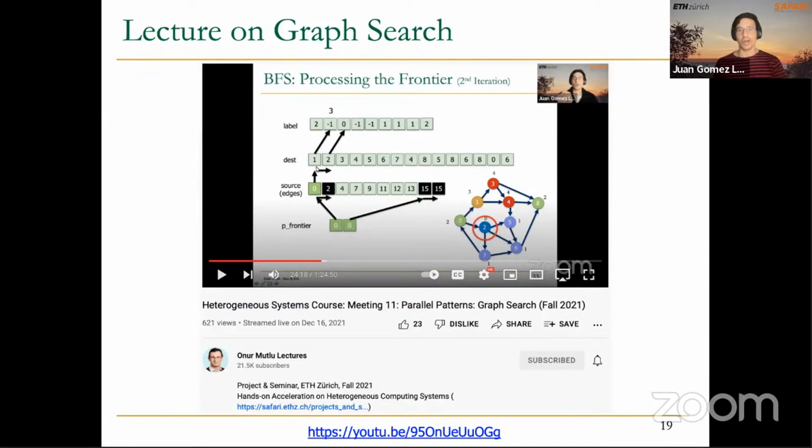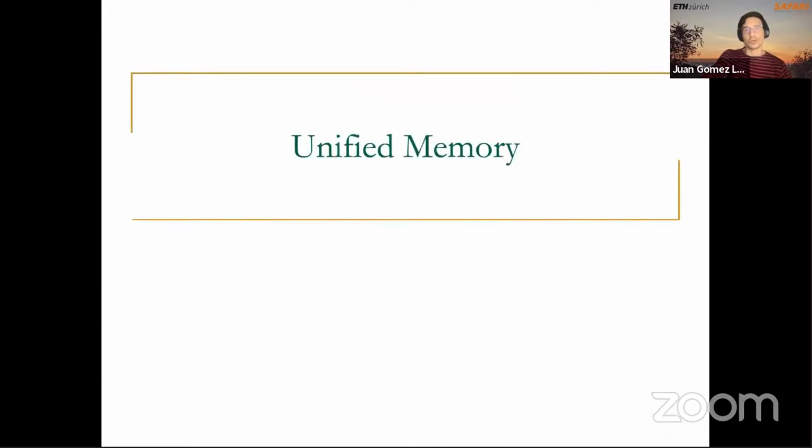If you want to be reminded about graph search and about BFS, and also how we arrive at this explanation of the collaborative implementation of BFS, I can recommend the corresponding lecture. But we are going to talk again, and in more detail today, about this implementation of BFS.